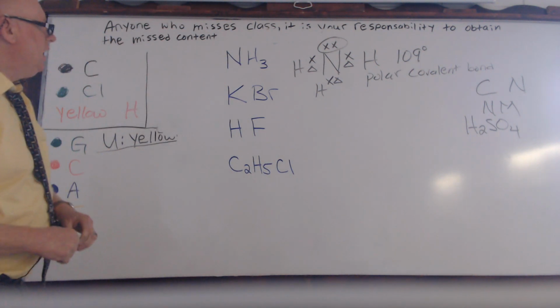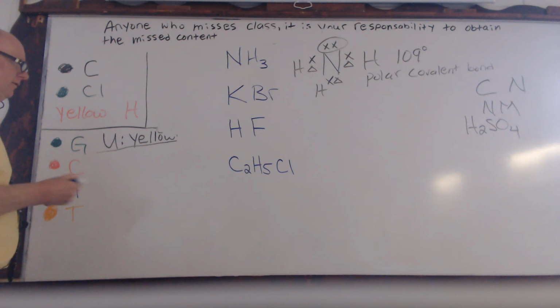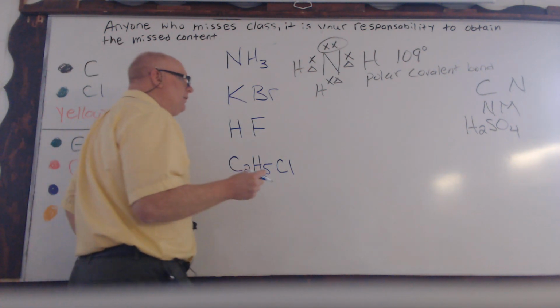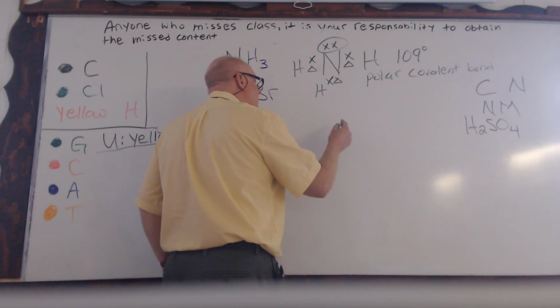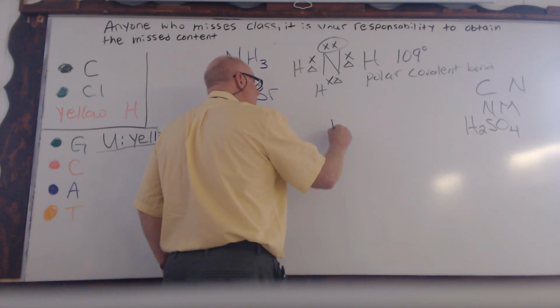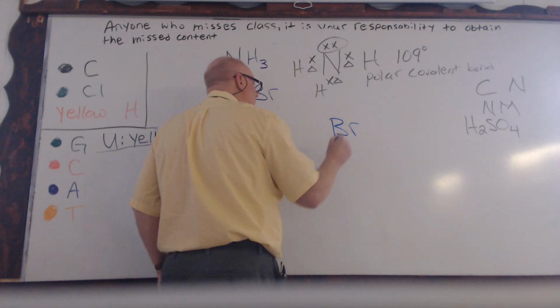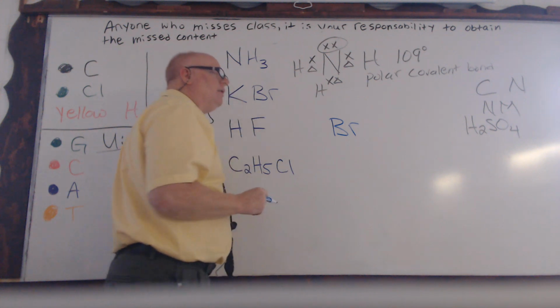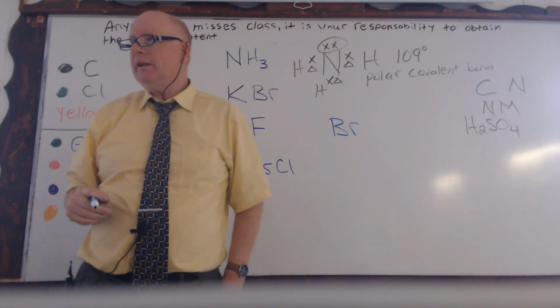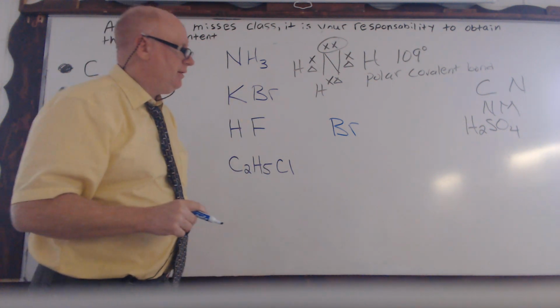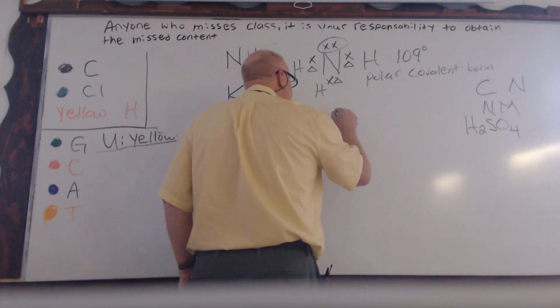So which element are we going to start with? Bromine. And why would that be? Because it's a non-metal. Then how many dots, X's, triangles? 7 X's. How about hexagons?